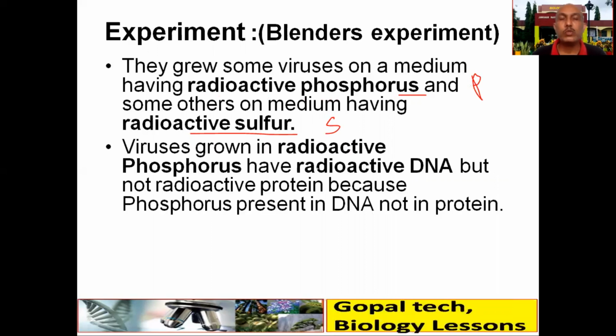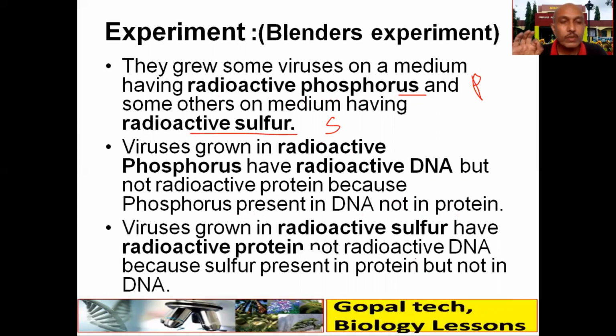Virus grown in radioactive phosphorus have radioactive DNA but not radioactive protein, because the phosphorus is present in DNA but not in protein. Very, very important. Similarly, viruses grown in radioactive sulfur, that is S35, have radioactive protein but not radioactive DNA, because the sulfur is present in protein and not in the DNA.